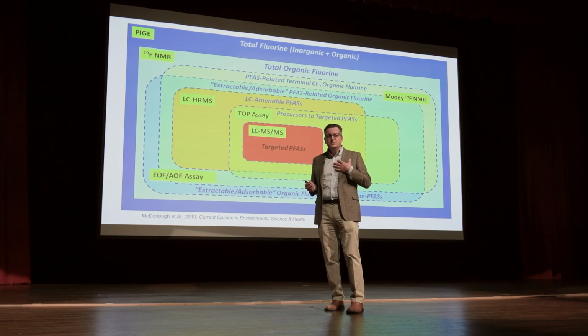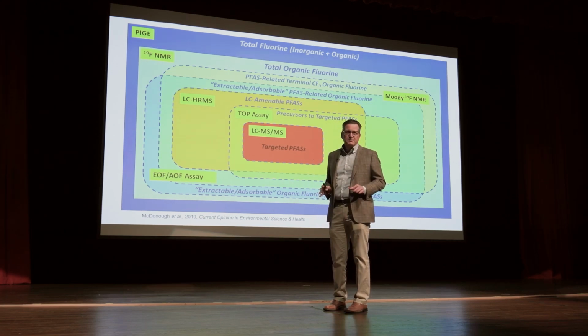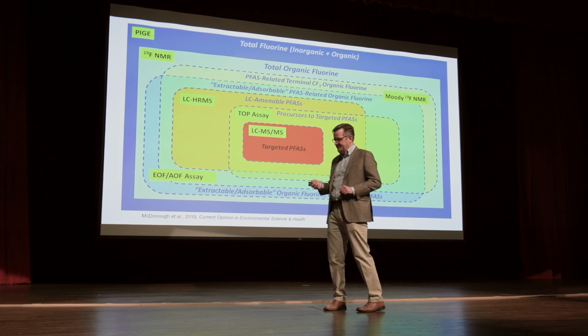And that's not to say that those aren't useful tools, but you have to keep in mind that they're not as typically specific as we are with high-resolution mass spectrometry, which may give you a sense of the total amount of fluorine or total amount of organic fluorine, but doesn't really always hone in exactly on the perfluoro and polyfluorinated alkyl substances that we're primarily concerned with. So that's why we feel the sweet spot in this is doing high-resolution mass spectrometry in our analysis.